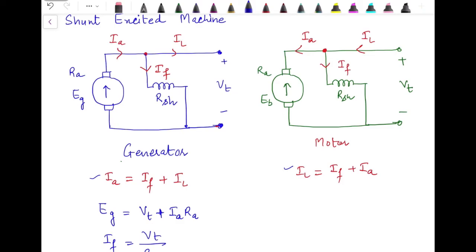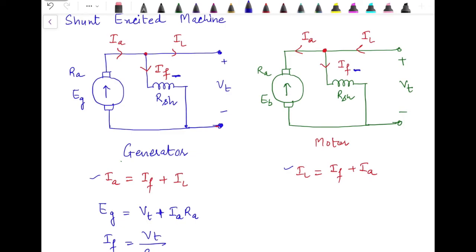The generator supplies current from the armature towards the load, and the motor withdraws current from the supply side, and that current is divided among the armature and field winding. The direction of field current remains the same in both, since we always need to give the supply to the field winding.